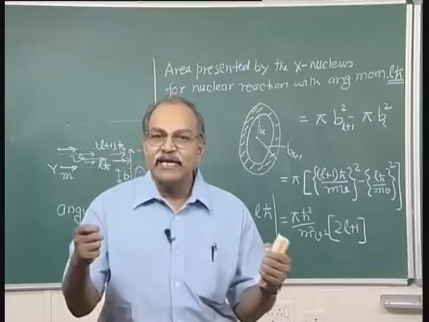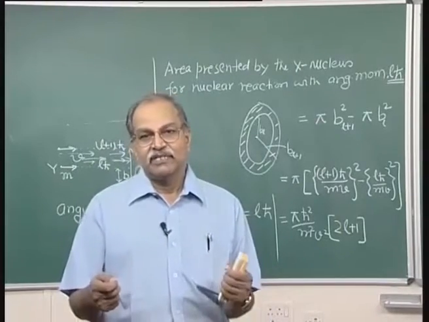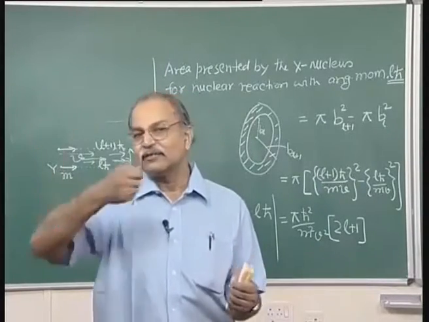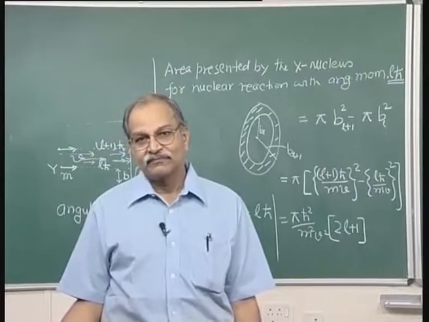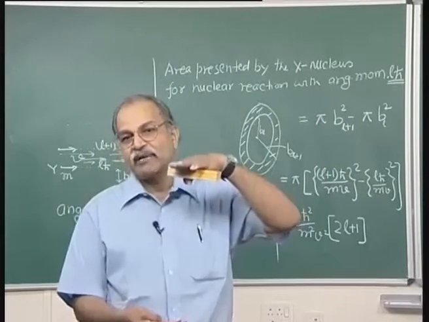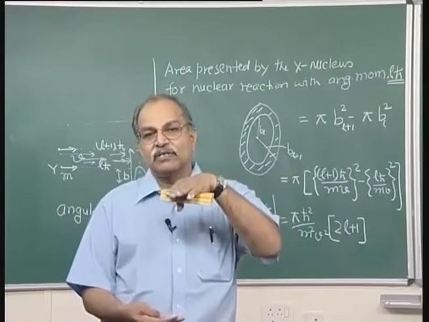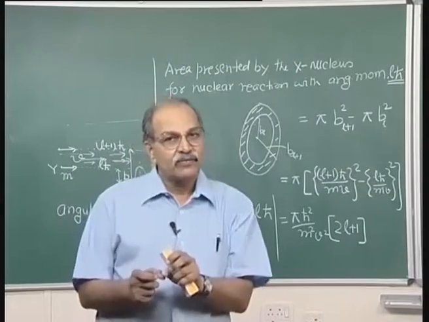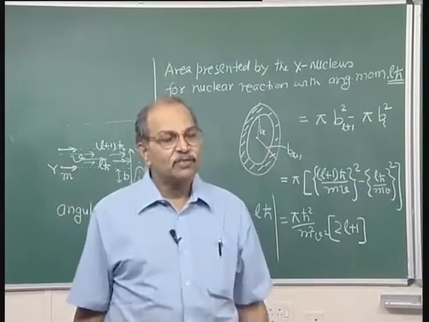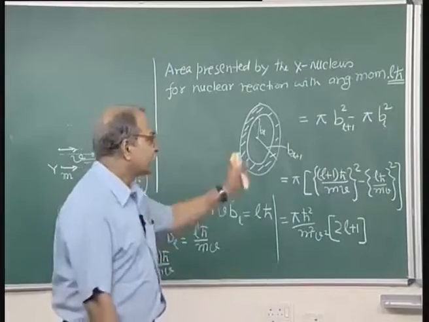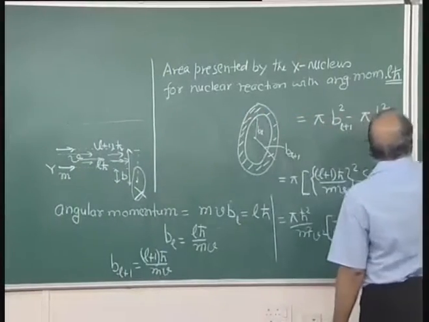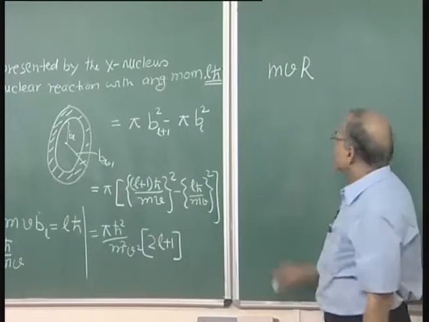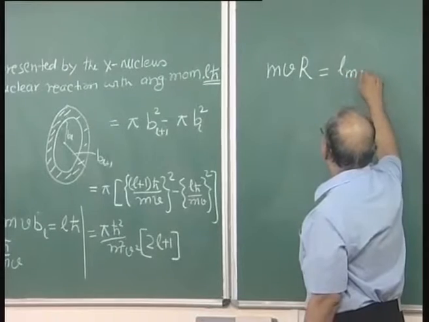So, you have a nuclear range for that, capital R. If the lowest distance between the particles is more than that, then there are no nuclear interactions. So, the maximum impact parameter which is allowed for these two particles to come within a nuclear range and therefore interact through nuclear potentials is that capital R. So, m into v into R should be equal to L max times h cross.